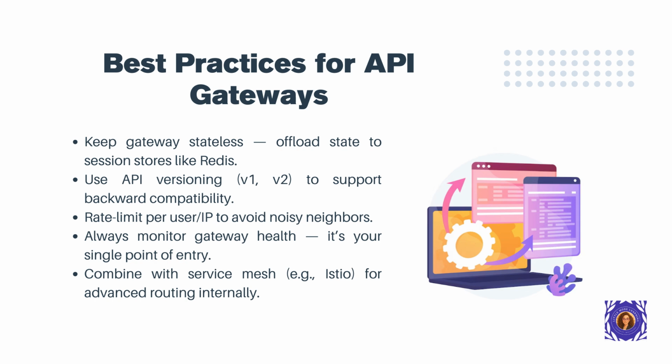Since your gateway is your single point of entry, always monitor its health carefully. Any issues here affect your entire system. For advanced internal routing, consider combining your API gateway with a service mesh like Istio, which provides additional control over service-to-service communication within your cluster.